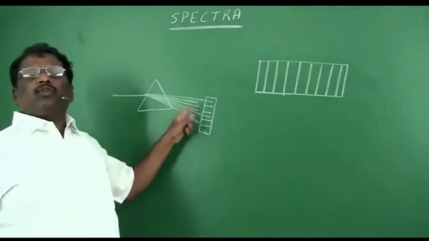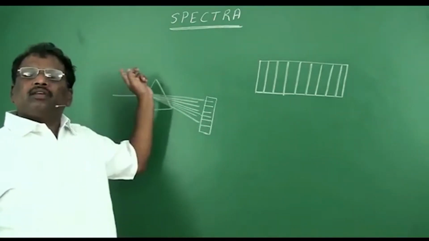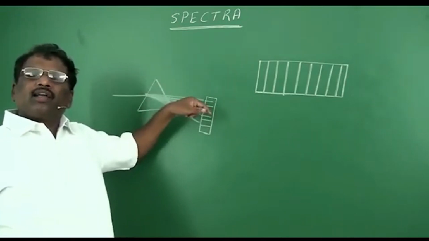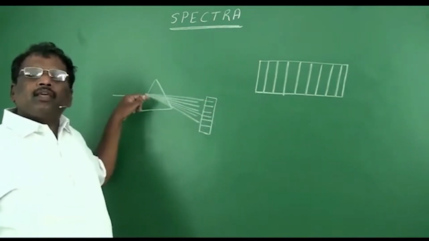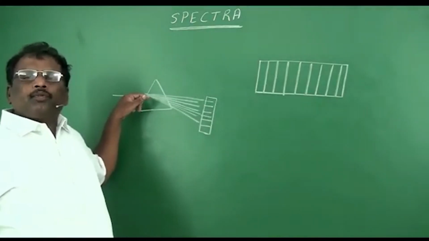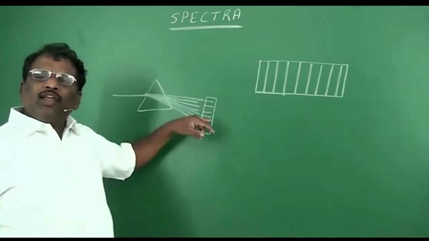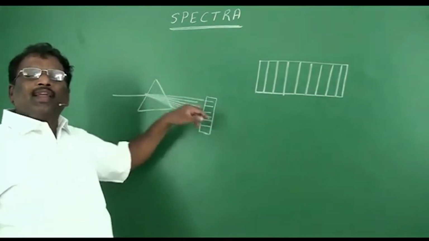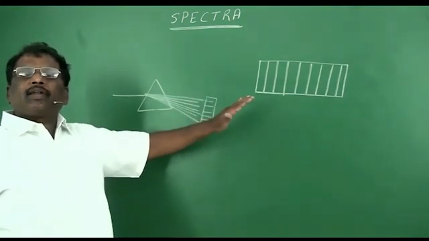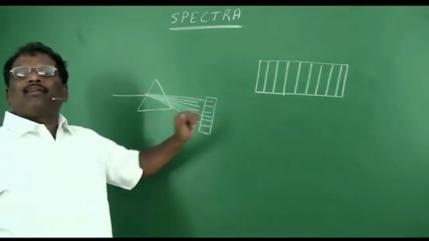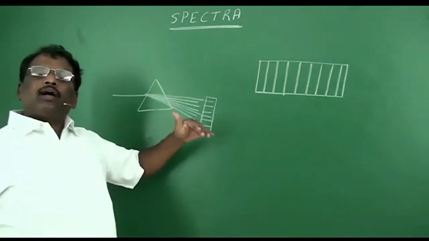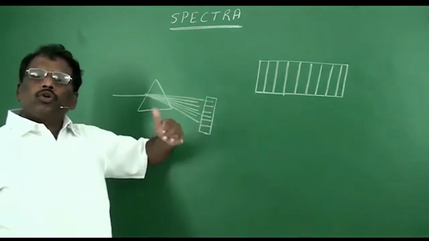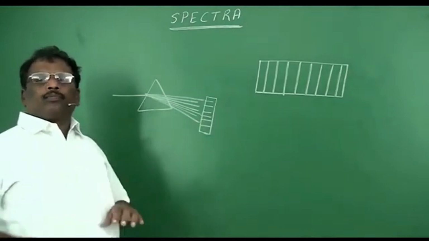With the help of that, we can estimate where the electron is present, basing on the color or the wavelength of light radiation that was absorbed by the atom. We'll get a definite, different spectra. So that is the way we are going to know about the position of an electron.